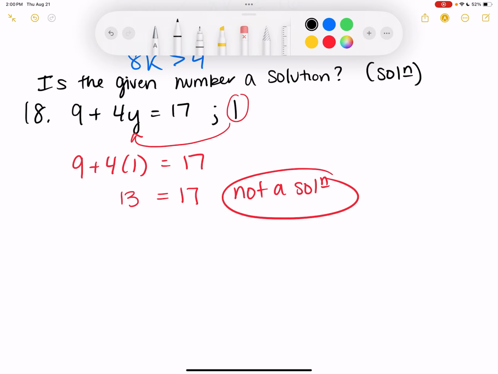20. k over 5 plus 9 equals 11. And the number they want us to check is 10. So I'm going to plug 10 in for k. So I'm going to have 10 over 5 plus 9 equals 11.